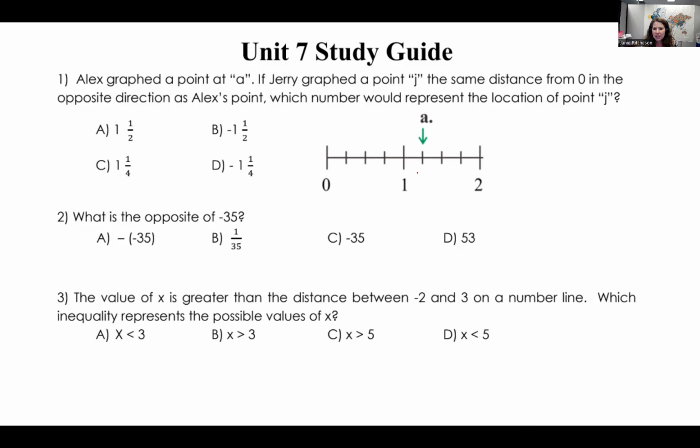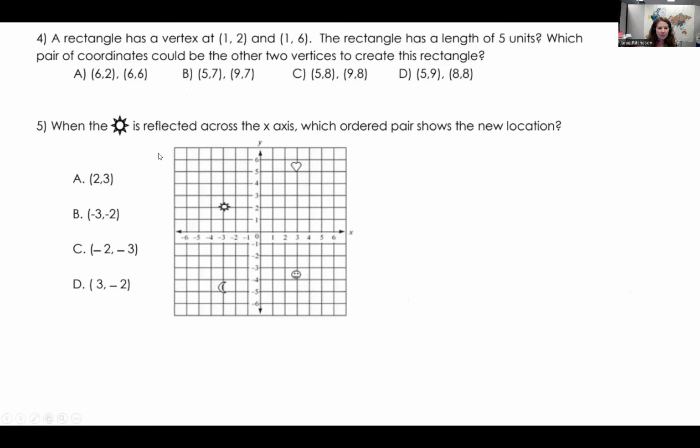So this has got to be positive 1 and a fourth. This would be 1 2/4, which is 1 1/2, and this would be 1 3/4, right? So the opposite direction from 0 is going to be negative 1 1/4.